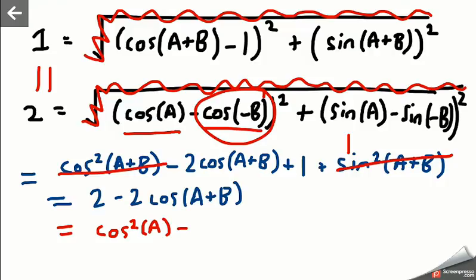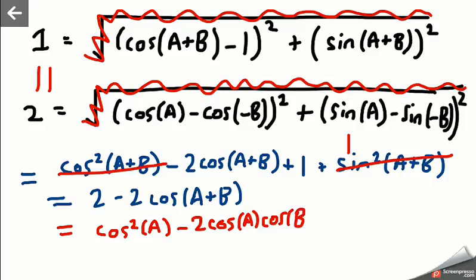So cosine of negative B is actually equal to cosine of B. So when we expand this out, it's cosine of A squared minus 2 times cosine of A times cosine of B plus cosine of B squared.